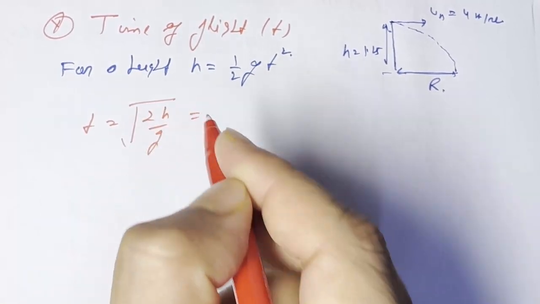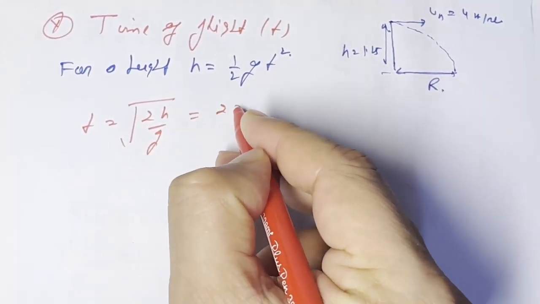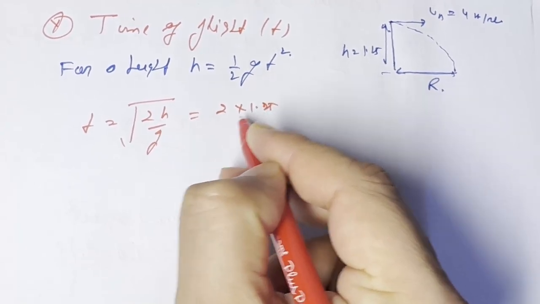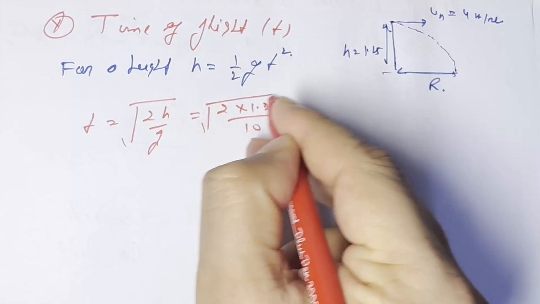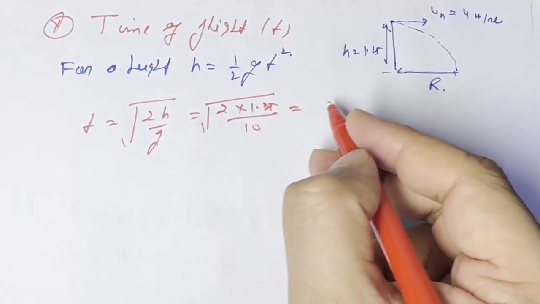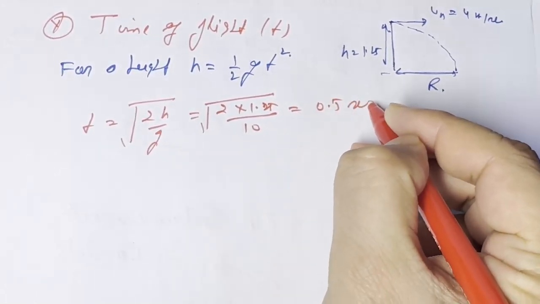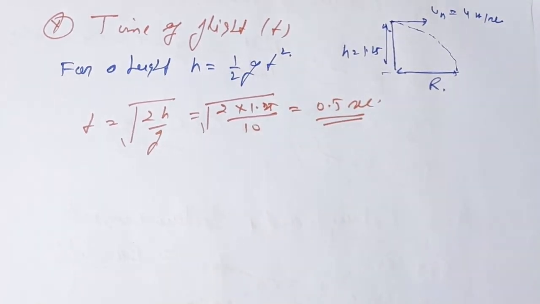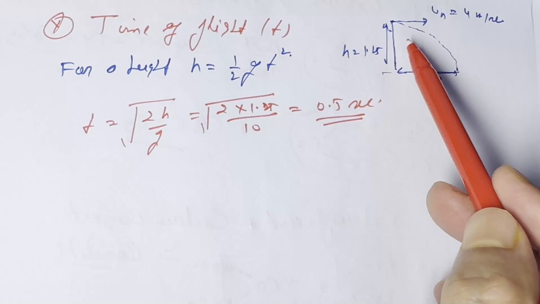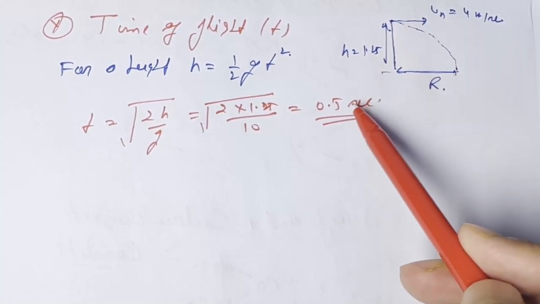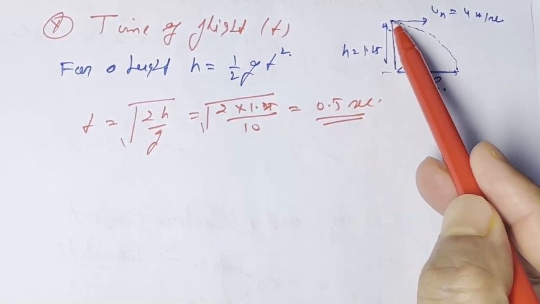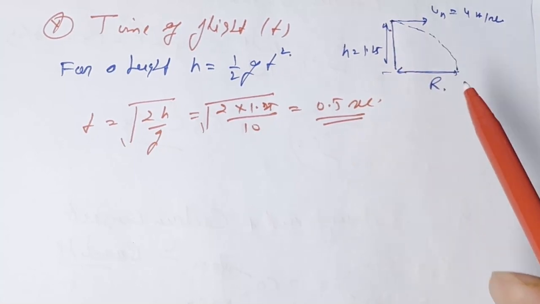So 2 multiplied by 1.25 divided by g, taking g as 10, the time comes as 0.5 seconds. So the water takes 0.5 seconds to travel from the nozzle to the ground.